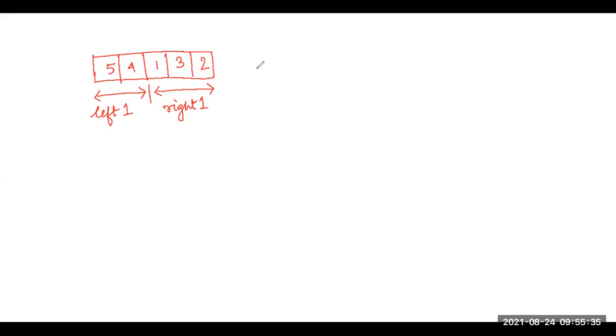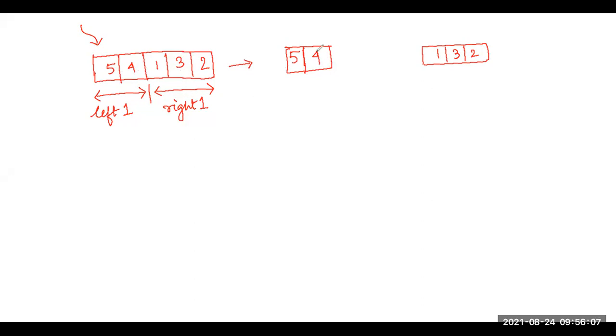Fine. So after the first partition, in one part, I have only 5 and 4, and in the other part, I have 1, 3, 2. Now, in order to execute the merge algorithm, we need to sort this array first, because we have already studied that merging of two sorted arrays can be done.